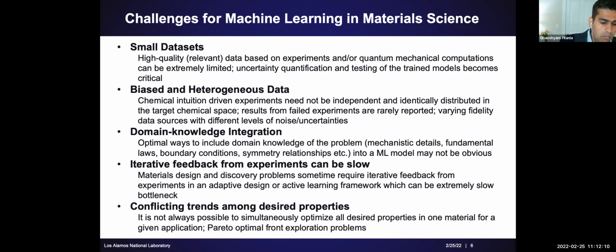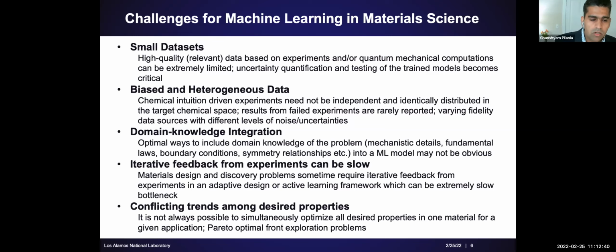Lastly, it may not always be possible to independently optimize all properties that we care about in one single material. Some of the properties can actually have conflicting relationships, or inverse trends with respect to each other. A classic example is high K dielectrics, where the energy stored in a dielectric material is proportional to the dielectric constant and the square of the breakdown strength, but these two properties turn out to be inversely correlated.